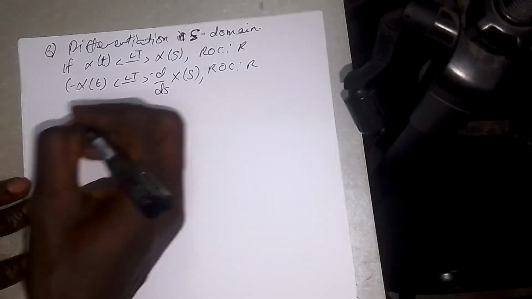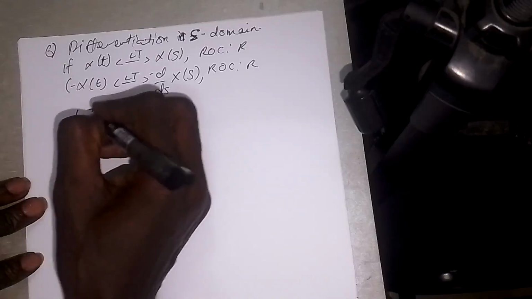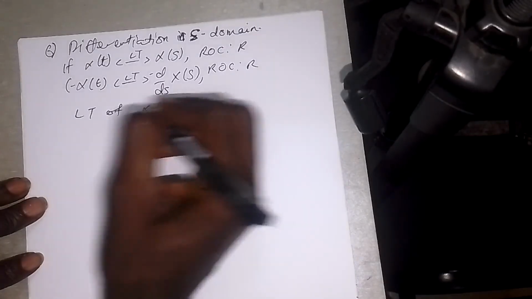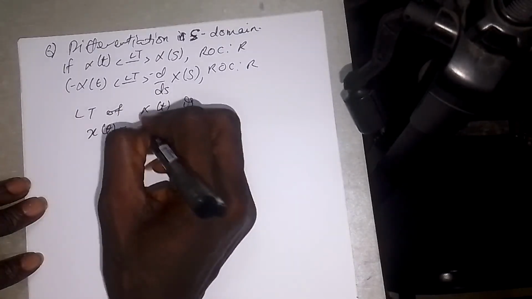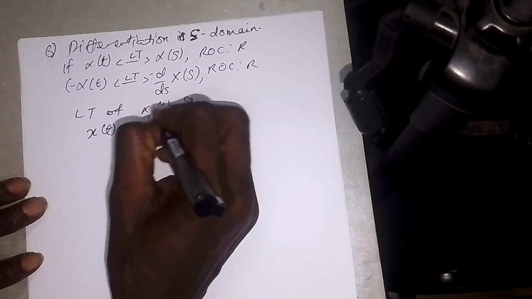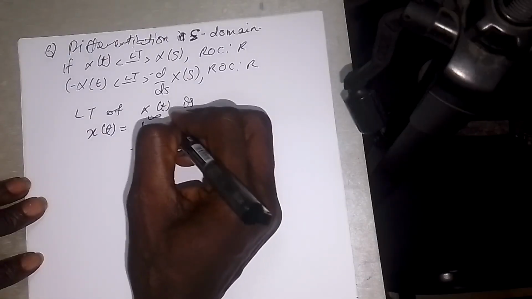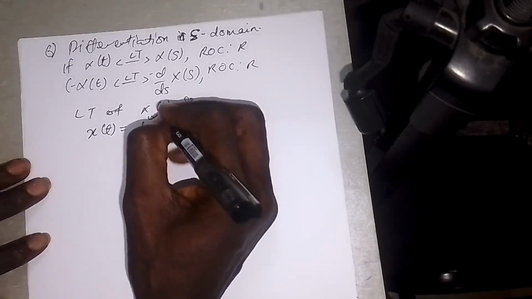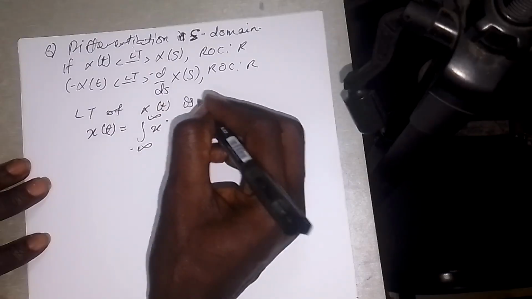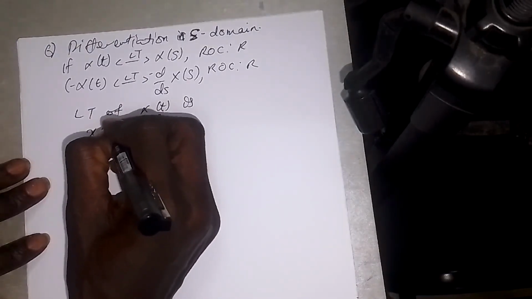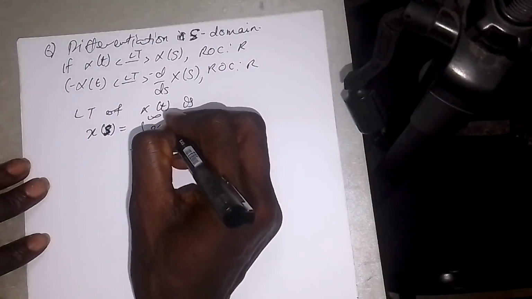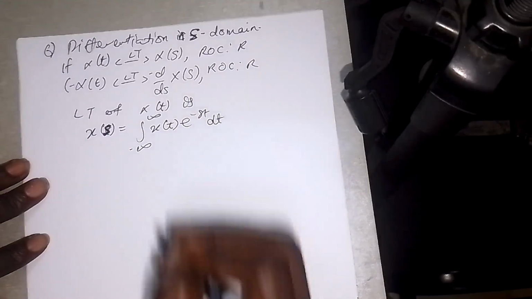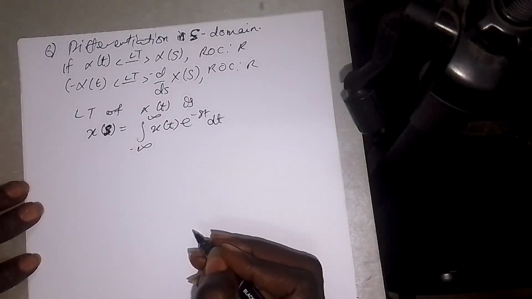Now let's see how we can prove this. We know that the Laplace transform of x of t is x of s, which is the integral of x of t e to the minus st dt.